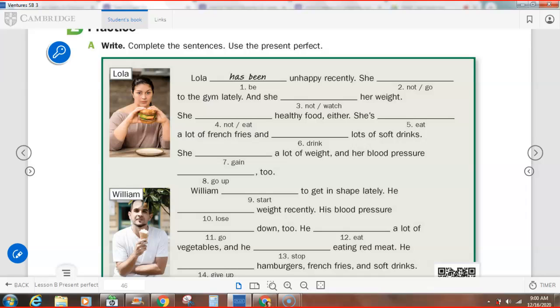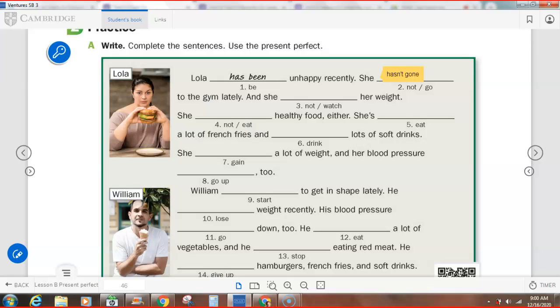Lola has been unhappy recently. She has gone... They want the negative. She hasn't gone to the gym lately. Good.